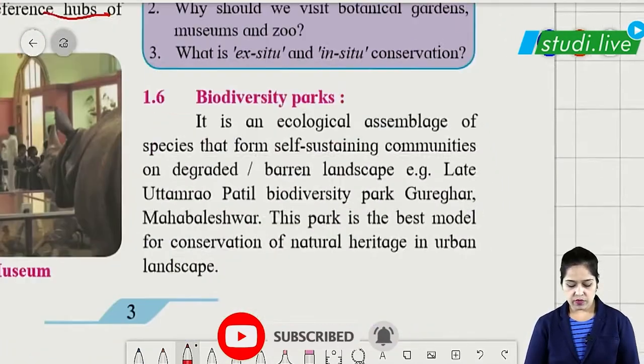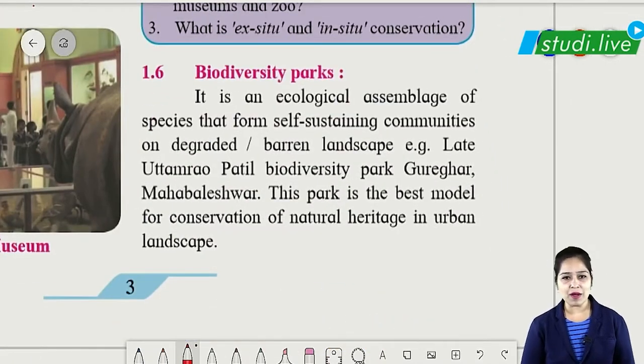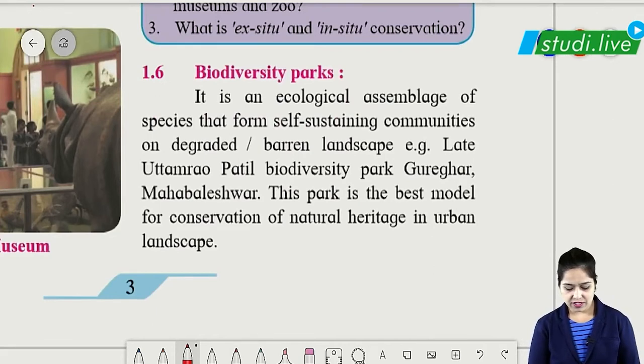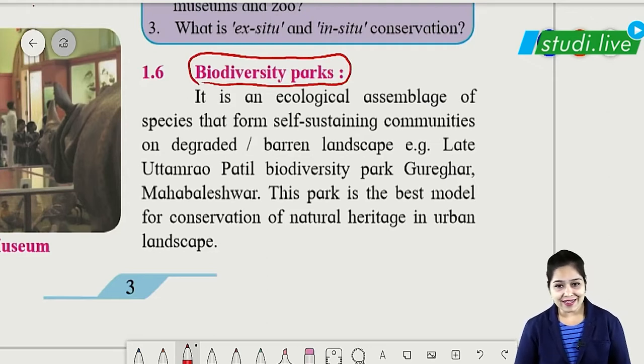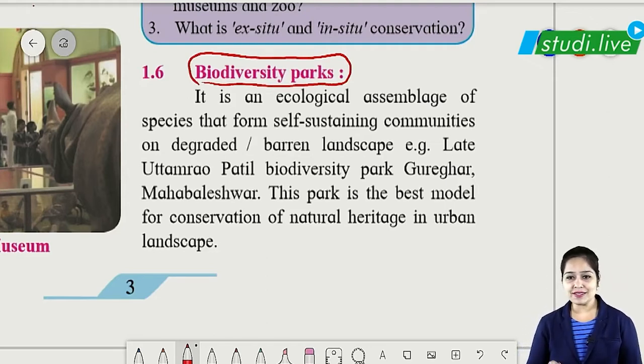The last one we are going to see is the Biodiversity Park. What is this Biodiversity Park? Suppose we have a barren or degraded landscape where there are no plants, nothing.